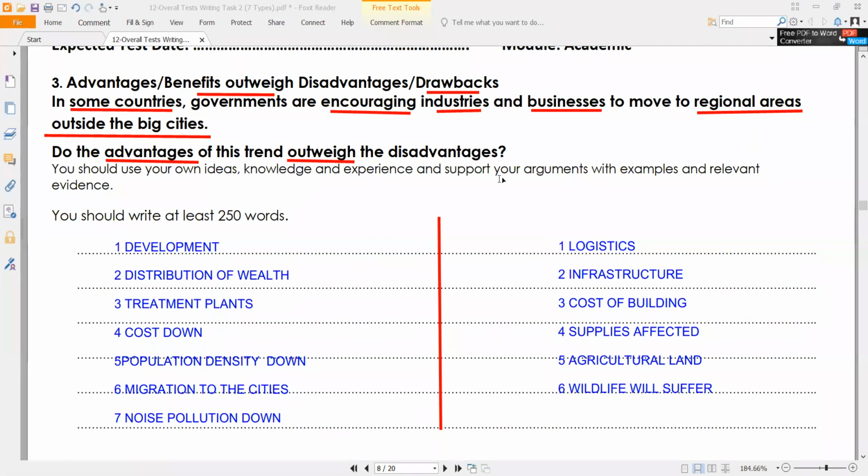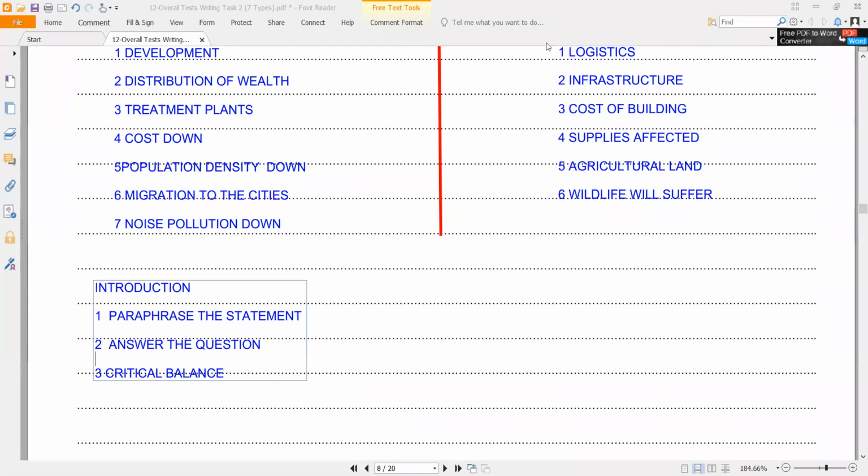Now, though some may have a different opinion is a critical balance that you are acknowledging that there could be an opinion which is different from yours. So that is critical balance. All right. So you have done the paraphrasing of the statement, you've answered the question, you've done the critical balance. So that's how it is.